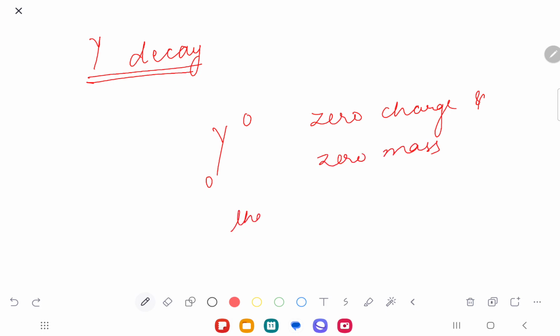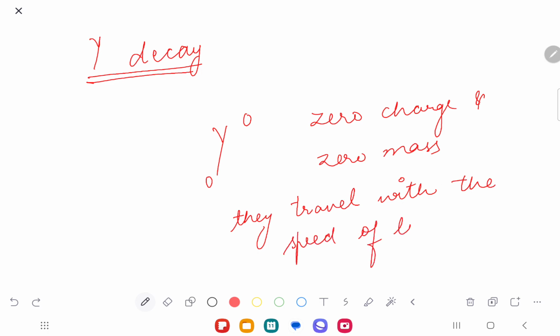And they travel with the speed of light. So this is a gamma decay. In gamma decay, gamma radiations are released. How these gamma radiations are produced, I'll discuss in length later on. But for now, just understand that in gamma decay, gamma radiations are released.